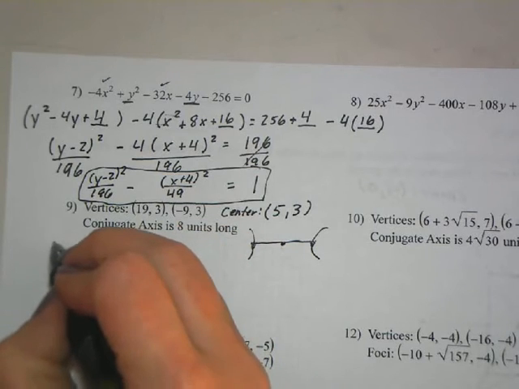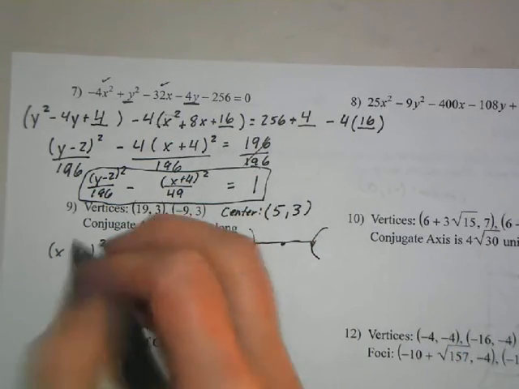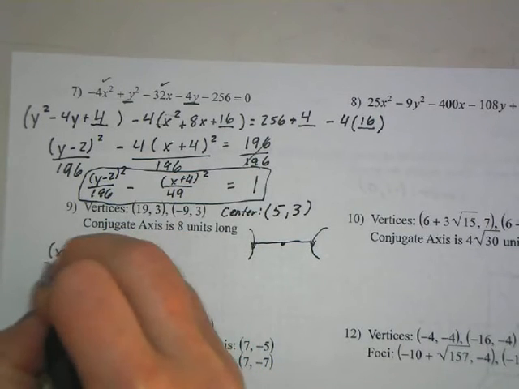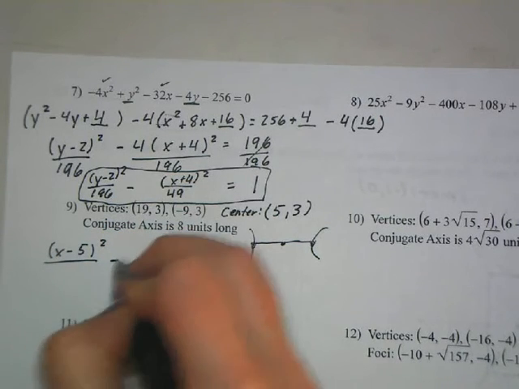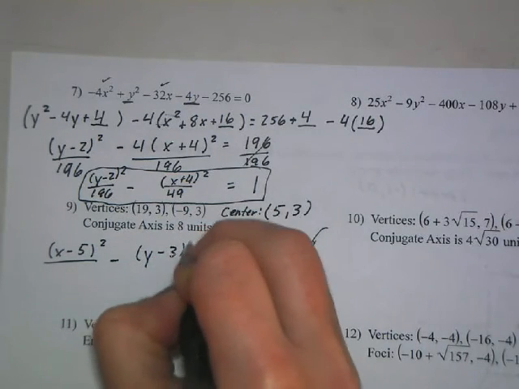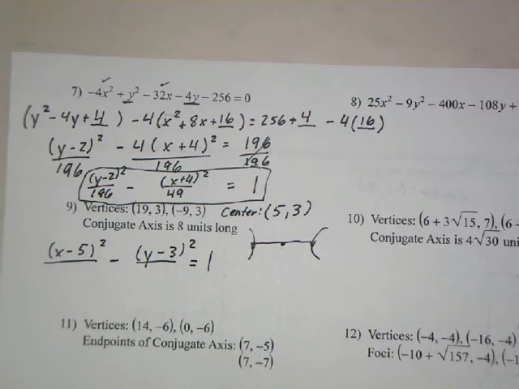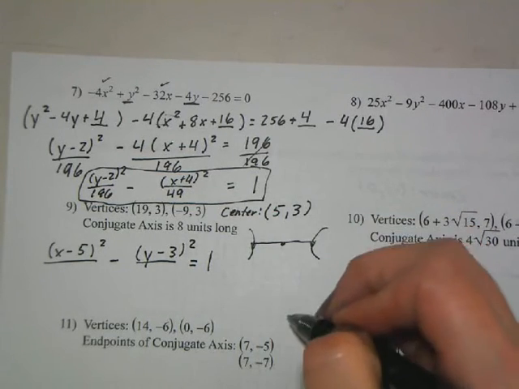All right, so I'm going to start with my X's. So -5. Now I have to find the A value and the B value. Well, the A value is the distance from the center to one of these vertices.